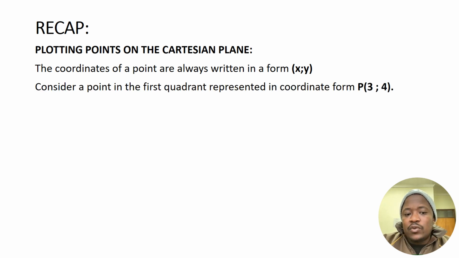One of the examples we did was point P with the coordinates (3; 4). That means 3 is the x coordinate and 4 is the y coordinate, and in this case they are both positive. We also mentioned that we will find this point in the first quadrant.